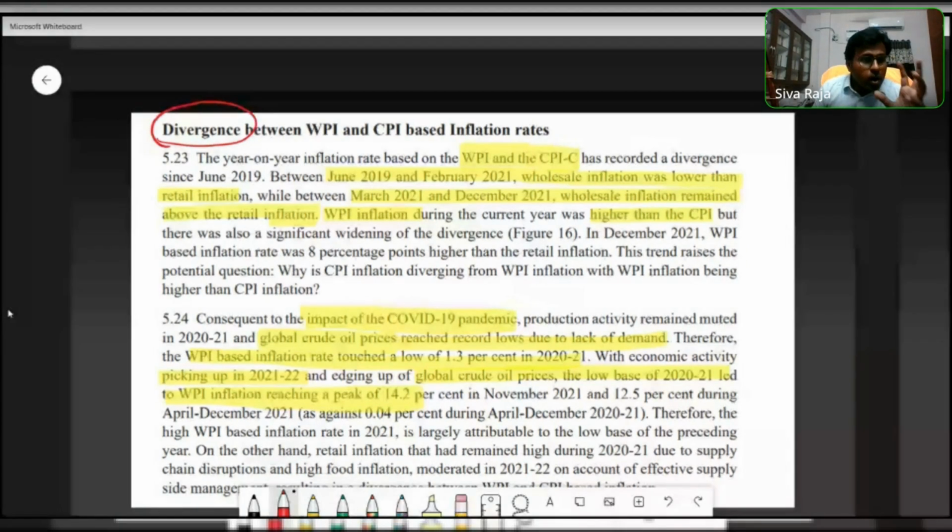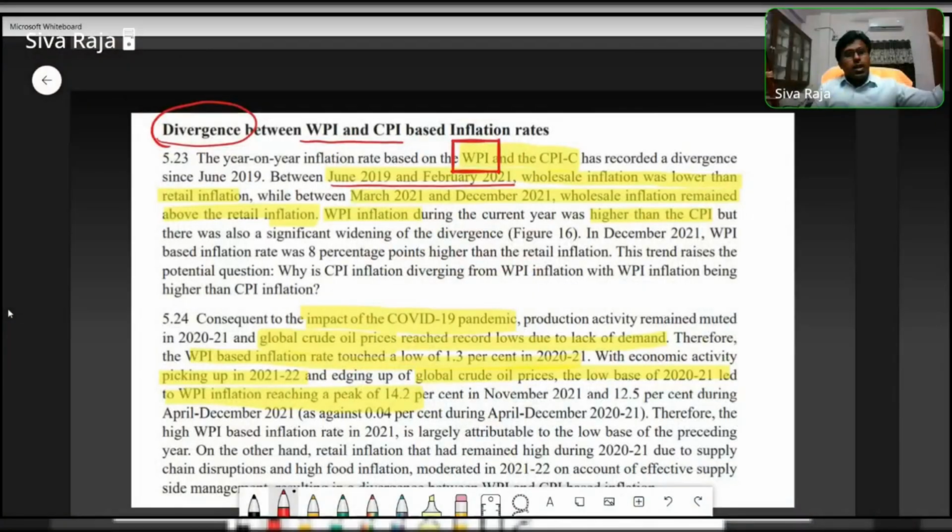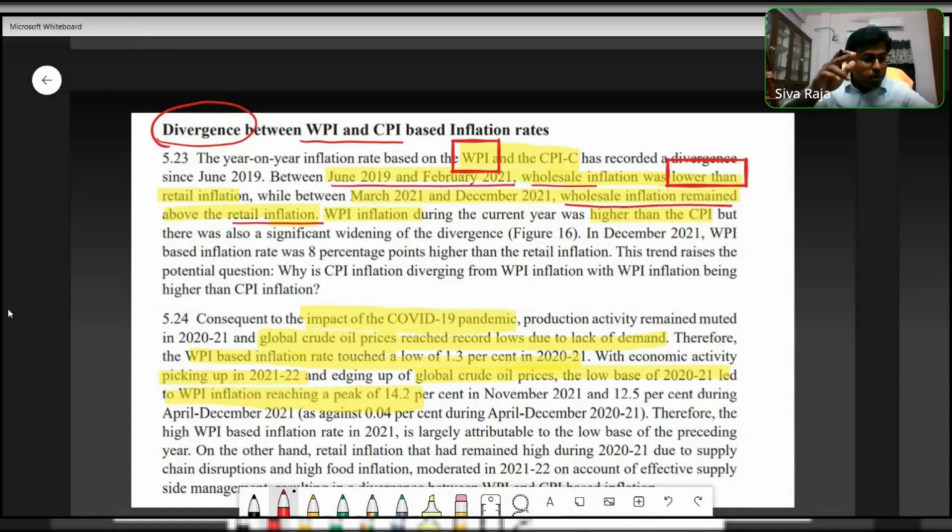What is now happening is that the WPI, the wholesale price index, in early 2019 was lower, and the consumer price index was higher. But now what has happened after COVID is that wholesale price index is increasing above retail inflation. See, both are inflation. This is how UPSC will concentrate on this divergence.